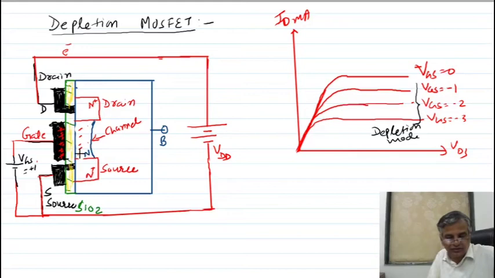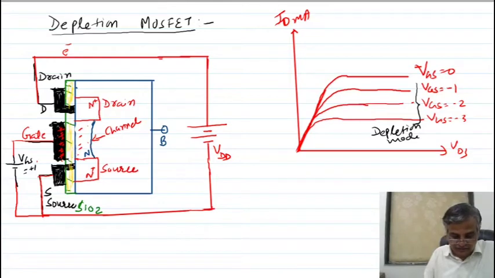Already it has negative charge, but due to the positive voltage on this one plate of the capacitor, negative charge is induced on the other side. As a result, the charge carriers are increased, or enhanced.